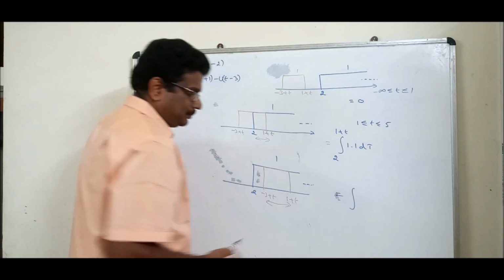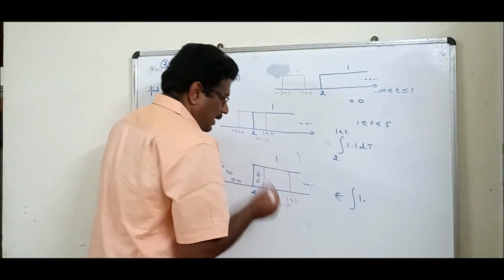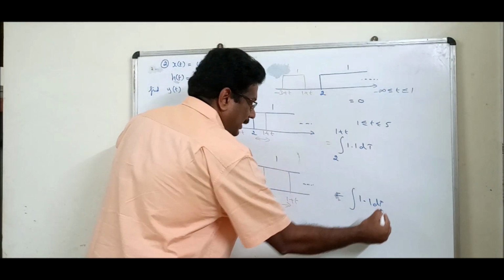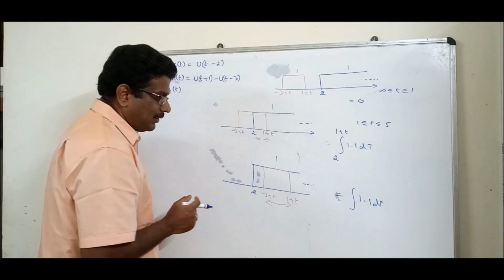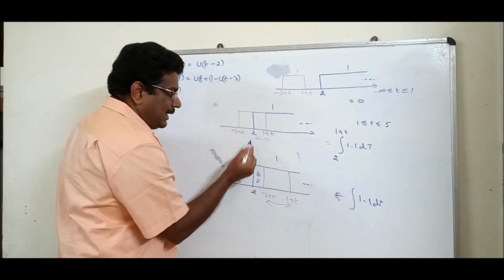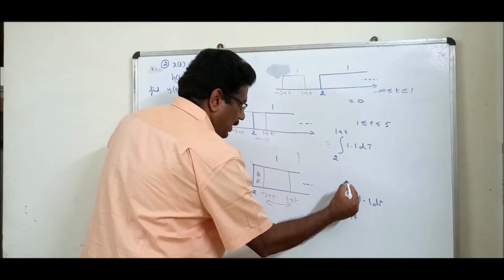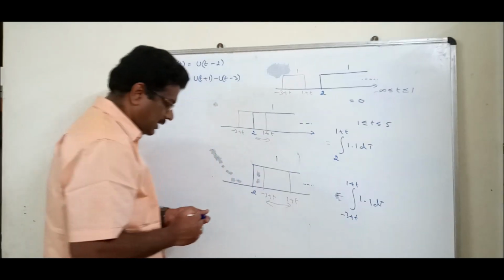Where blue, that is x, is 1, red is 1, d tau. What is the common place where both the x signal and the red signal overlap? Here it is the overlap. Minus 3 plus t, 1 plus t. In this place it is overlapping.